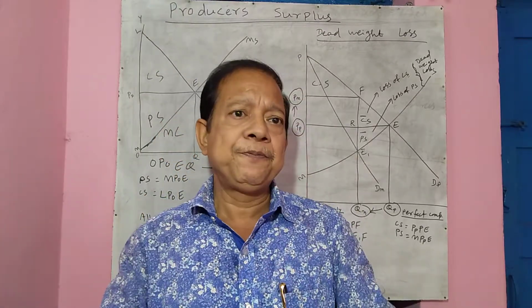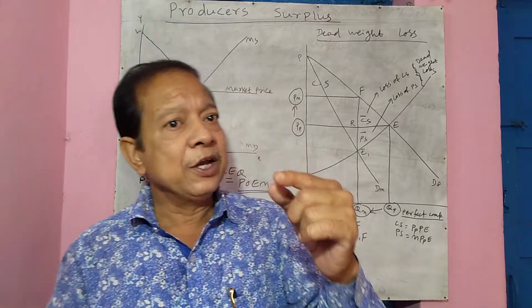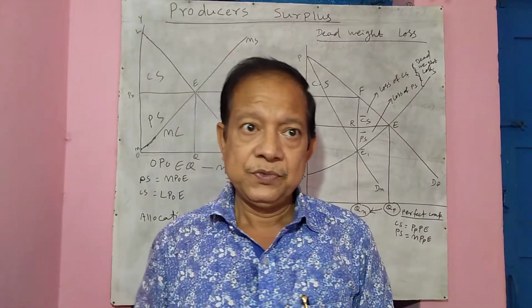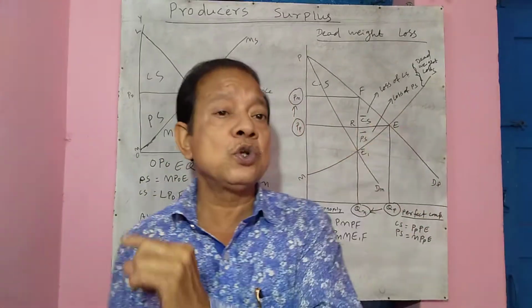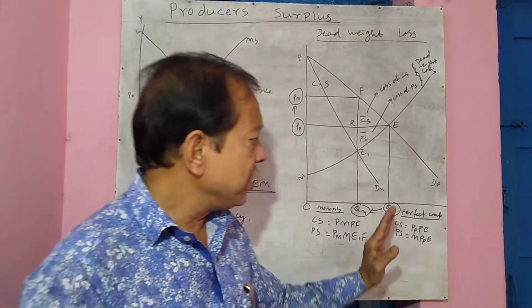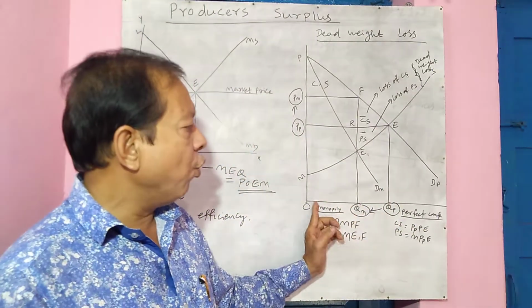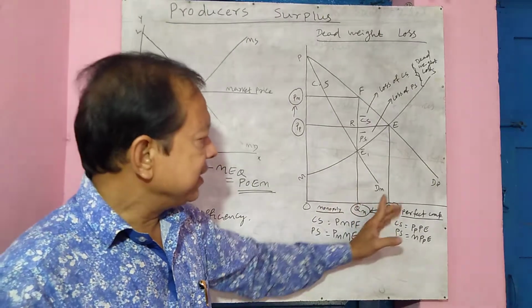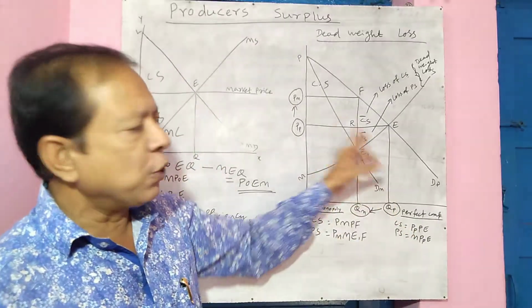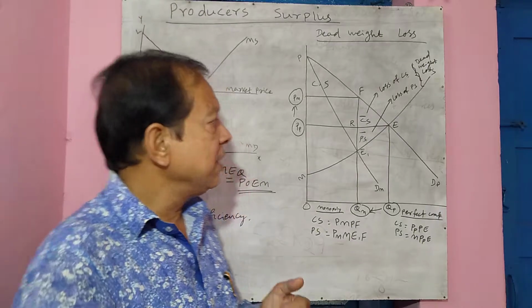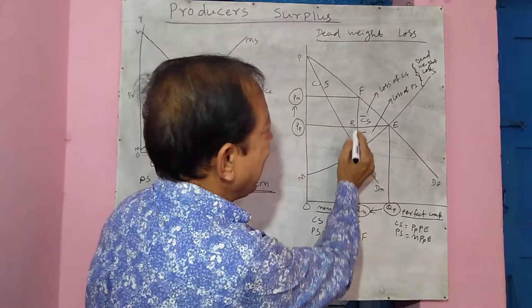But still, even if producers are more benefited, they also lose a certain part. Consumers lose, no doubt, but producers also lose a certain part because the output falls from OQP to OQM. Because the output falls, the producer surplus also falls by the amount E1RE.